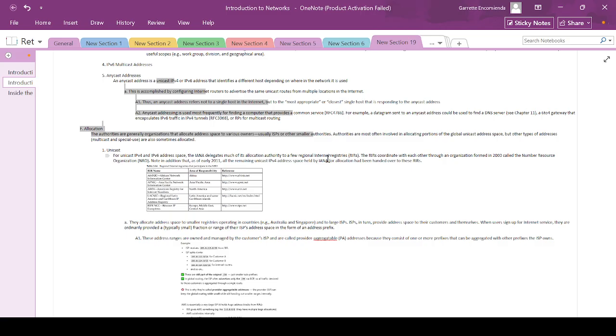So it can also be used for a gateway that encapsulates IPv6 traffic in an IPv4 tunnel, just like the concept we mentioned in the previous video on how we encapsulate IPv6 in IPv4 and then make it IPv6 again, if the network doesn't have an IPv6 path or IPs for multicast routing.